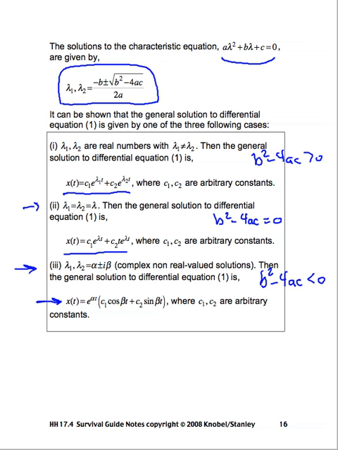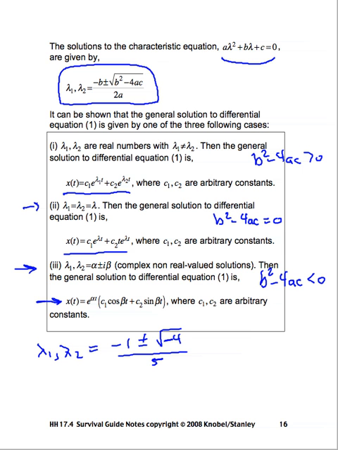So suppose when I solve for lambda 1 and lambda 2, I'll just make up some solutions so you can see how this would work. Suppose I get, I don't know, minus 1 plus or minus the square root of minus 4, over, I don't know, 5. Okay?